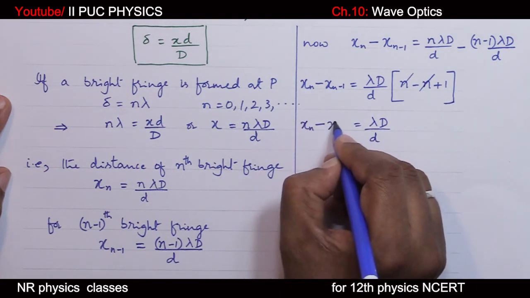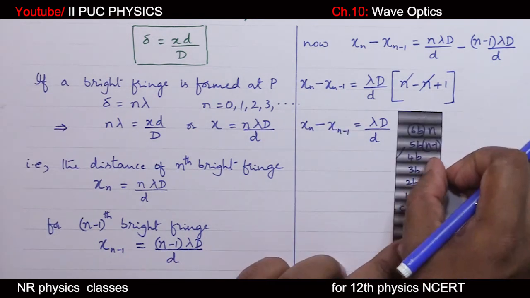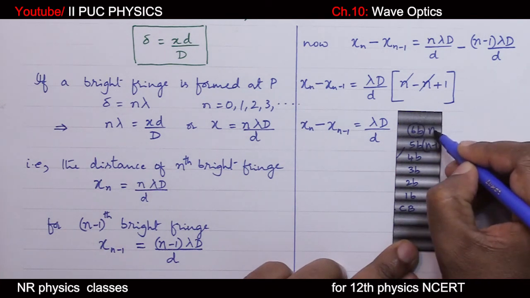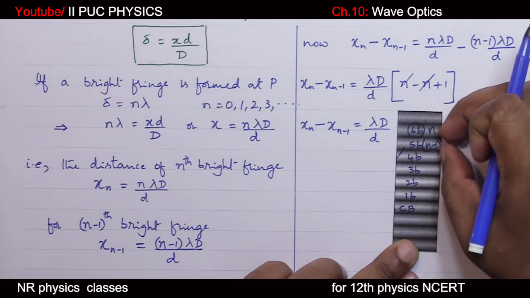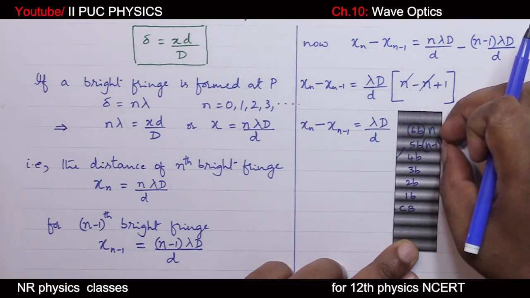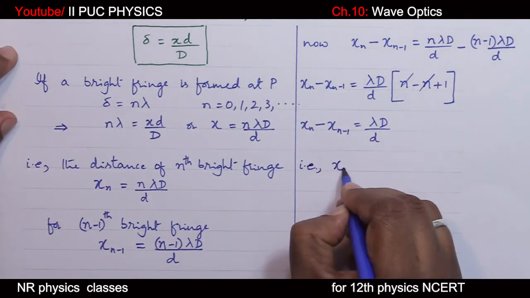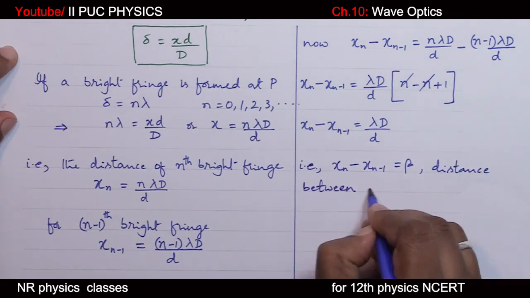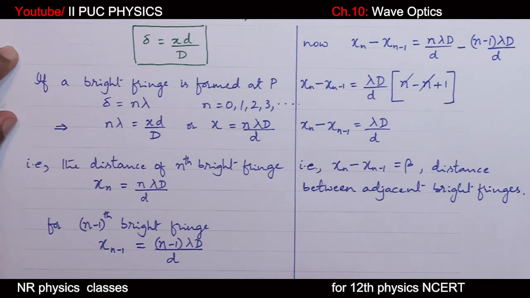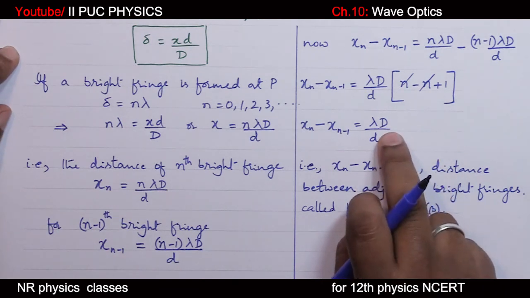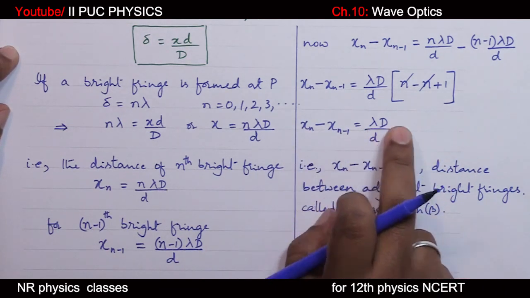Students, what is xn minus xn minus 1? This is n, the previous is n minus 1. Distance between n and n minus 1 means distance between adjacent bright fringes. Distance between adjacent bright fringes is nothing but fringe width, called beta. Similarly, we can show that the distance between adjacent dark fringes is also lambda D by d.